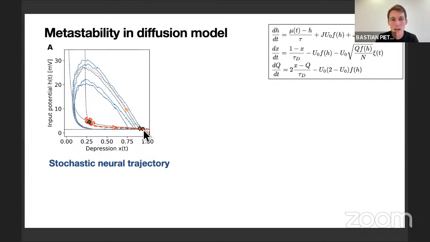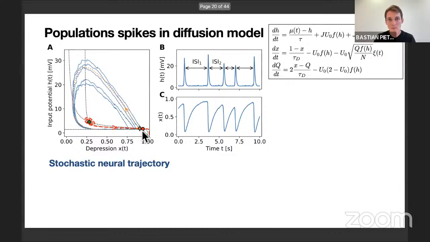But because of these finite size fluctuations, at some point we will be kicked across the separatrix and then run along the orange dotted curve, along this unstable manifold, back towards the low activity fixed point. So if we look at a trajectory over time, then we see in this H dynamics of our input potential really these population spikes, and the X variable goes like that. Okay, so here we have a nice population spike diffusion model.